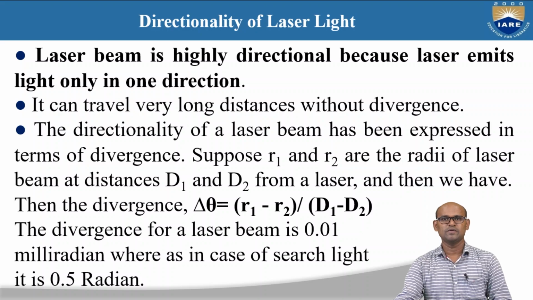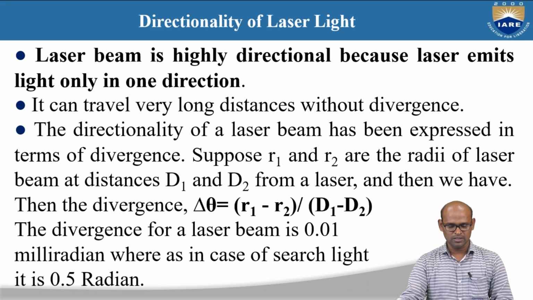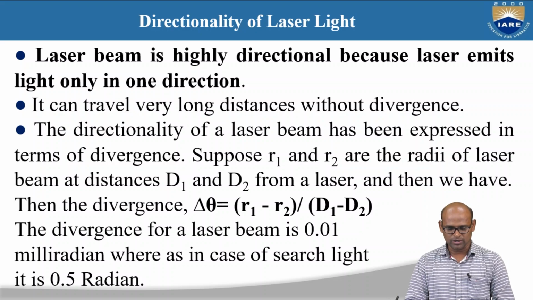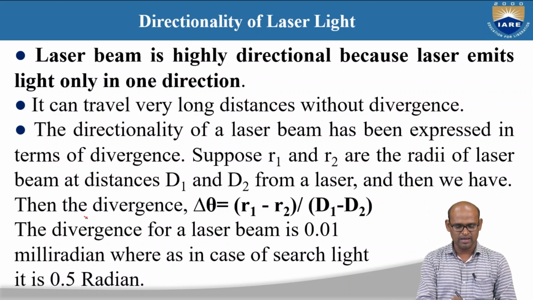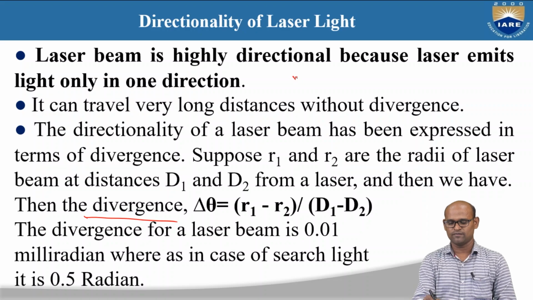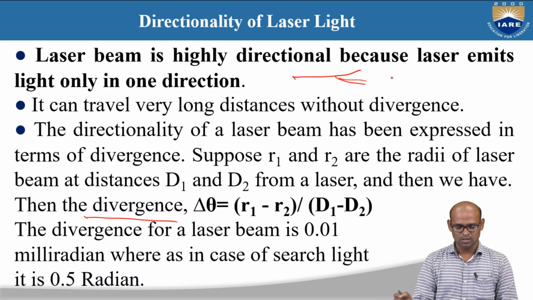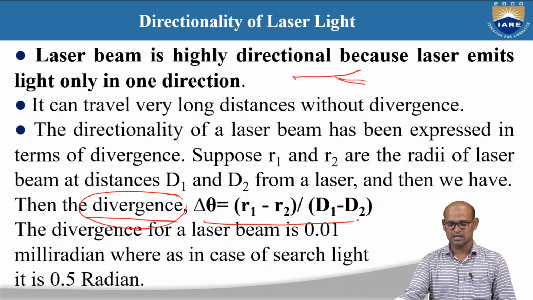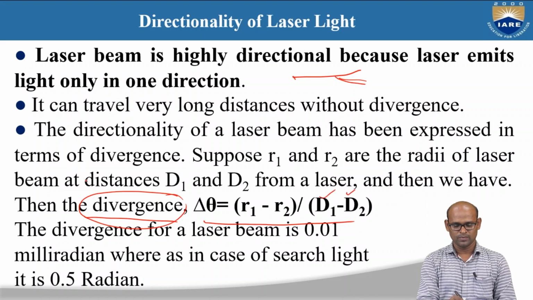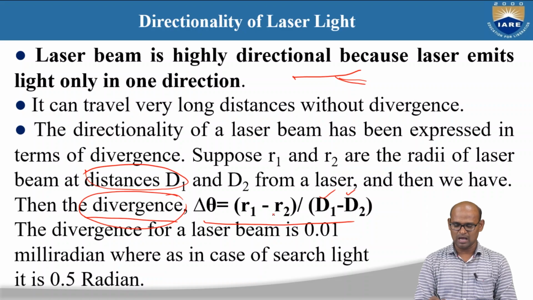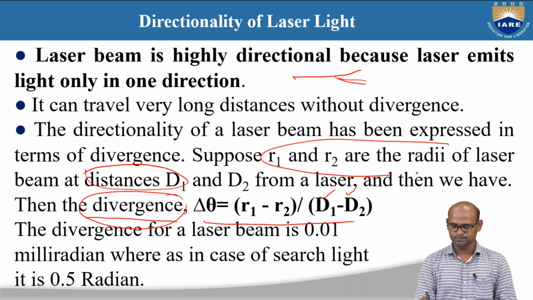Directionality means the laser beam is highly directional because the laser emits light only in one direction. How do we calculate the directionality of laser light? We can calculate the divergence. Divergence is nothing but the spread of laser light. The divergence formula is here: (R1 minus R2) by (D1 minus D2), where D1, D2 are distances and R1, R2 are radii.